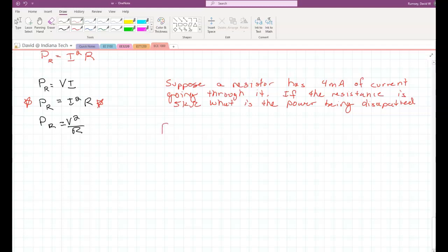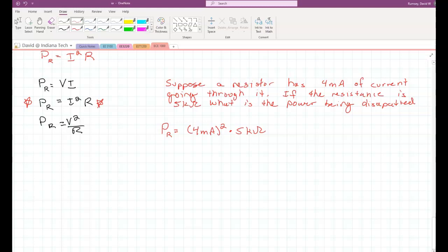So the power being dissipated by the resistor would be the current squared, so that's 4 milliamps squared, times 5 kiloohms. Now, we can type this into the calculator and get the correct answer, but there's also a way to do this without needing to even use a calculator.